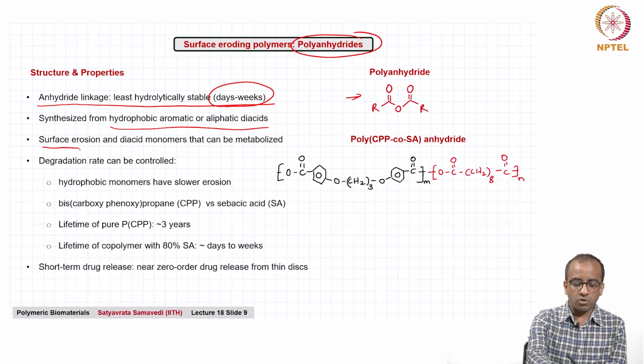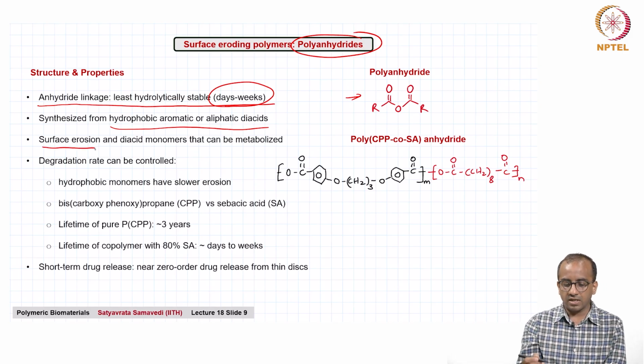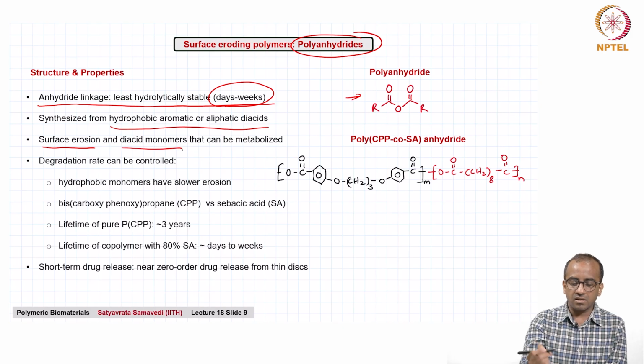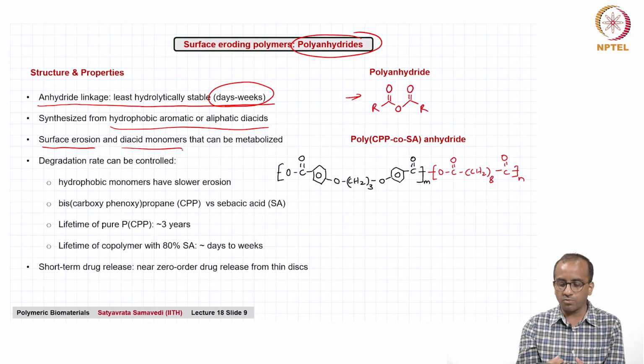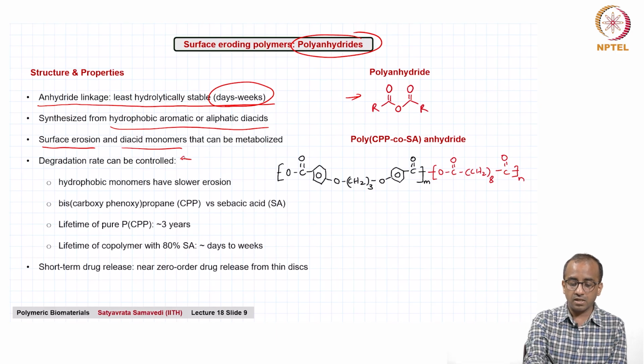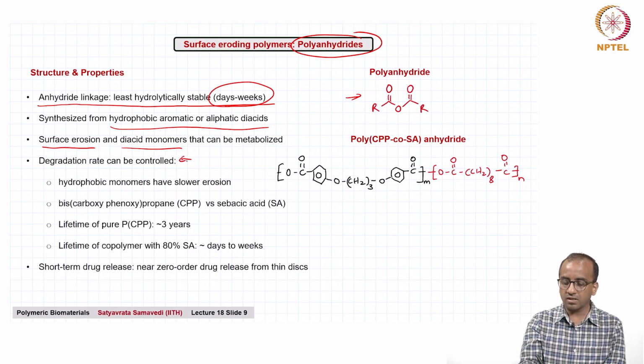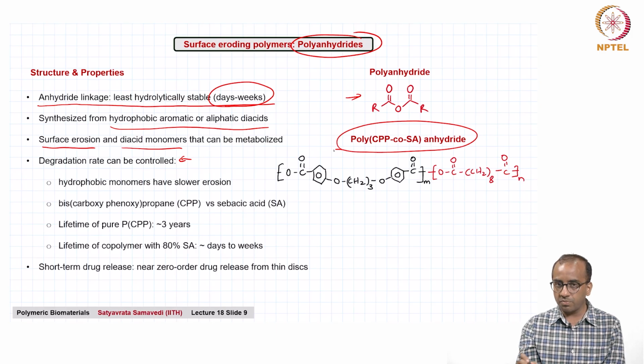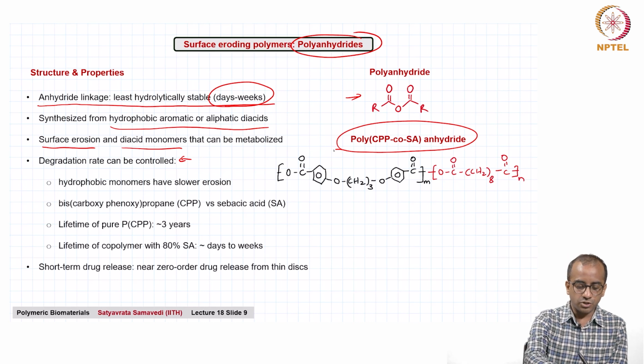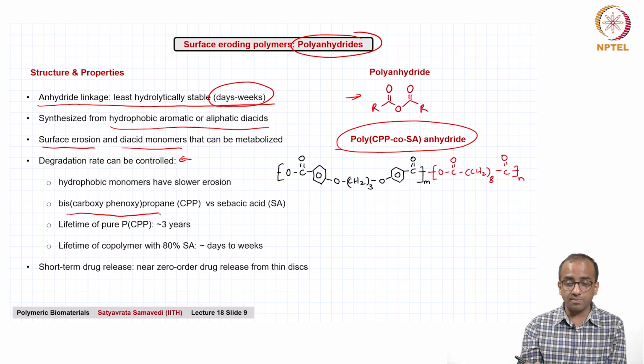These undergo what you would call surface erosion, resulting in diacid monomers that can be metabolized by the body, and the degradation rates can be controlled. Shown here is one example, a very popular copolymer, poly(CPP-co-SA), where CPP refers to bis-carboxyphenoxypropane and SA refers to sebacic acid.